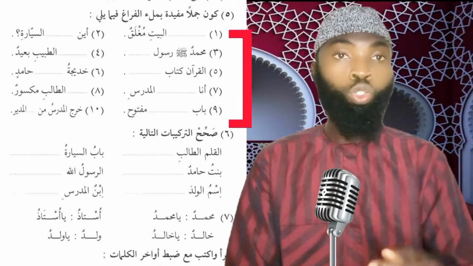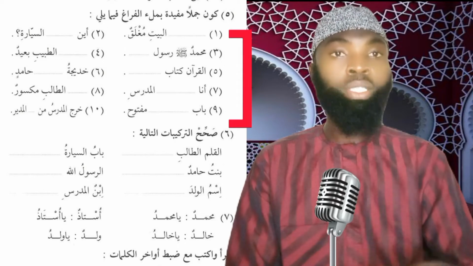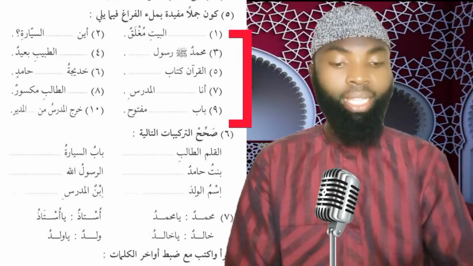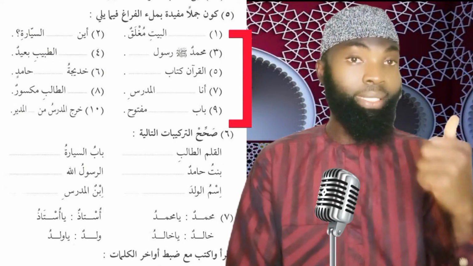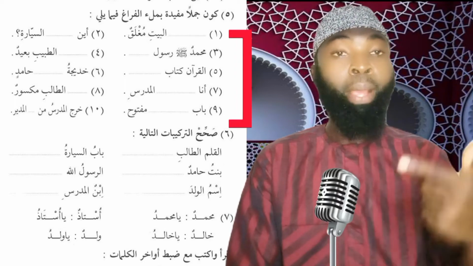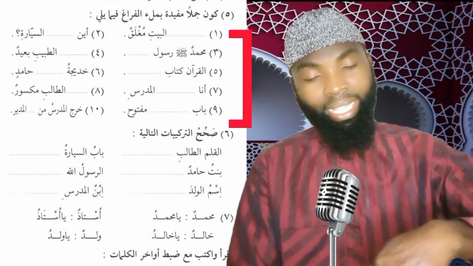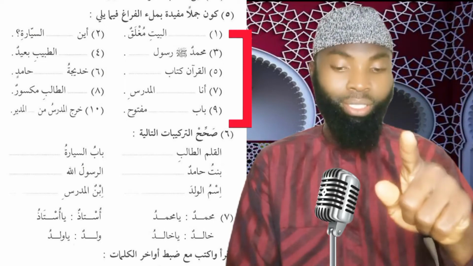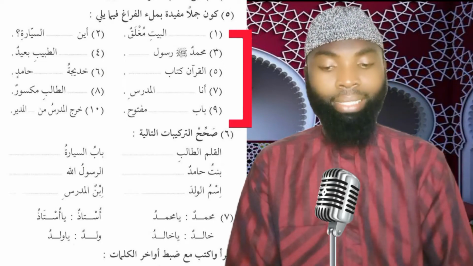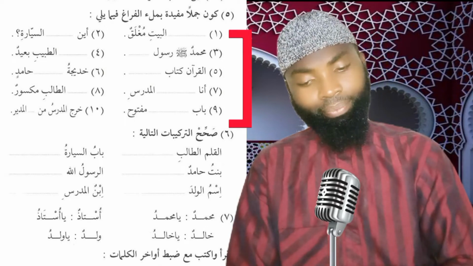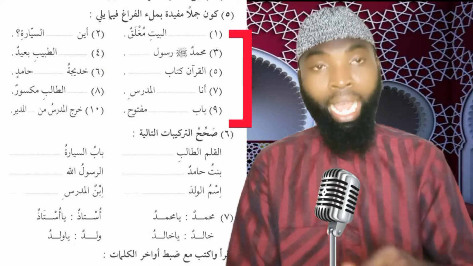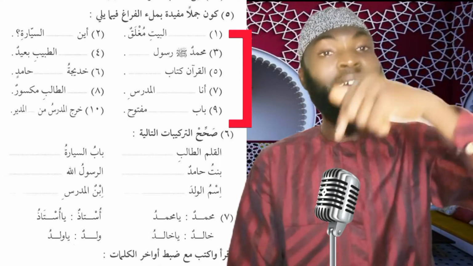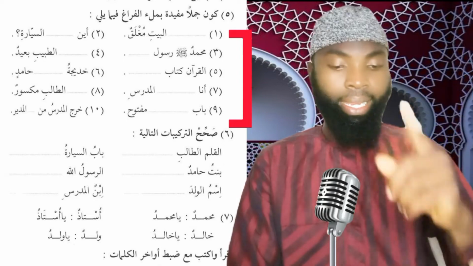For the word al-baytu to be carrying kasra, this shows there should be a word before it, and this word should be a mudaf, a possessed. So we can simply say babul bayti moglakun. The house door is closed. Number 2, aina dash as-sayyarati. So we say aina miftahu sayyarati. Where is the car key?